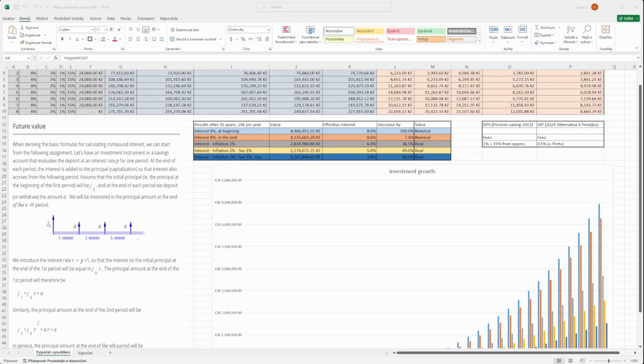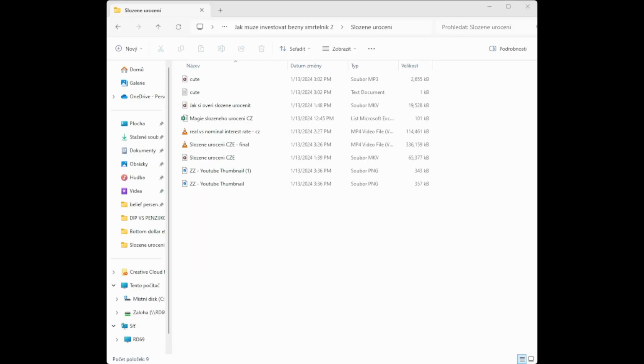So let's switch into a compound interest calculator and let's see if we can do something about it inside our browser.